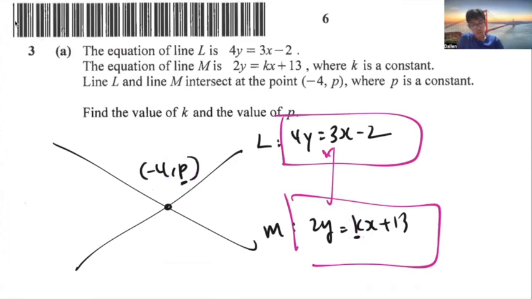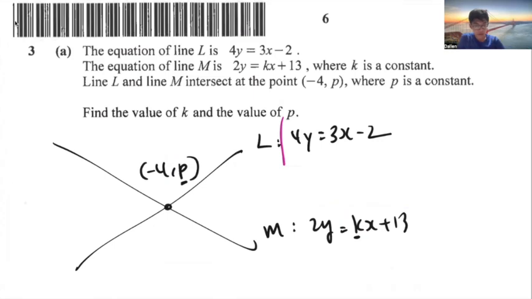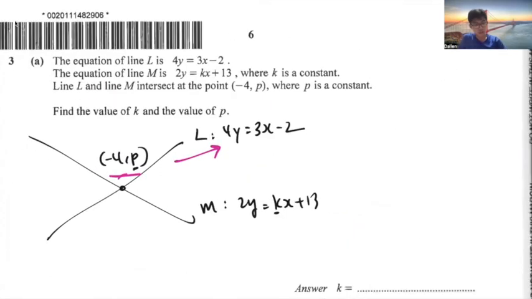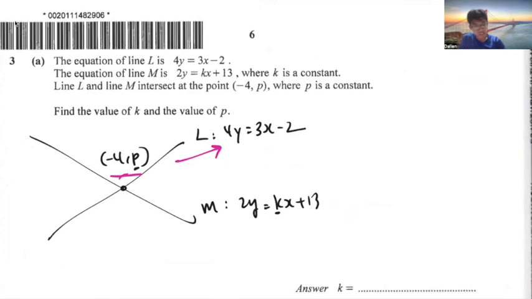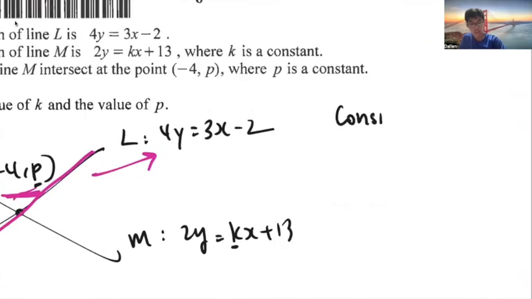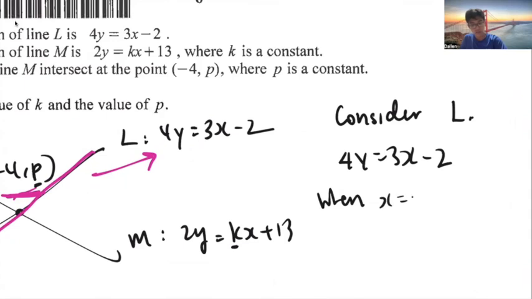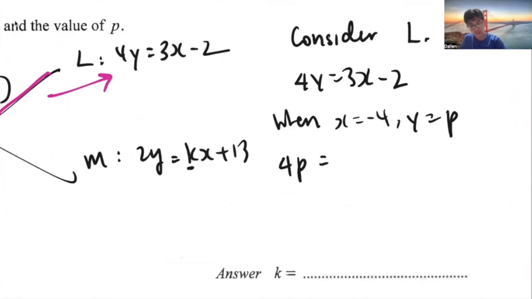So what you want to do first is use this to solve for p first. Because remember, this point is on the line L, right? So consider L. The equation is this, and when x equals -4, y equals p, which is true because it lies on the line.